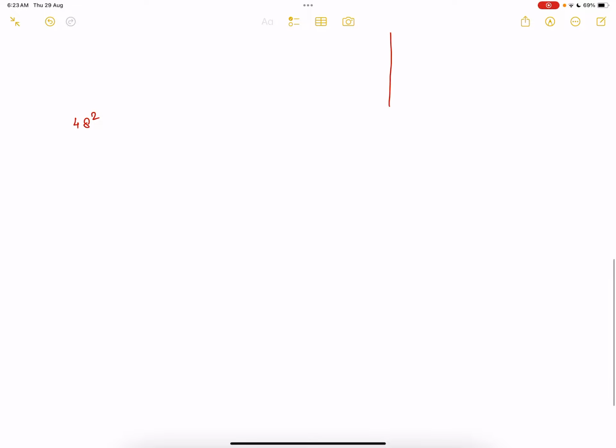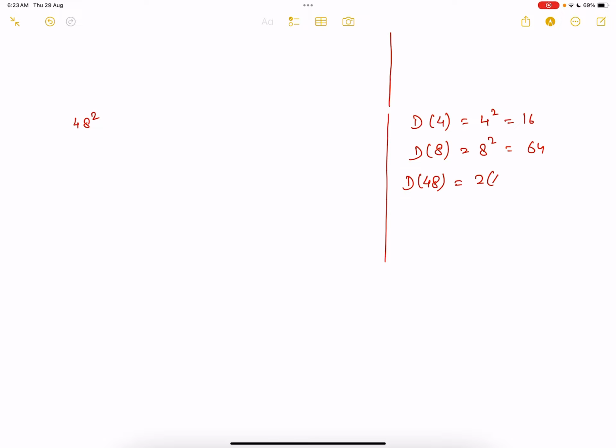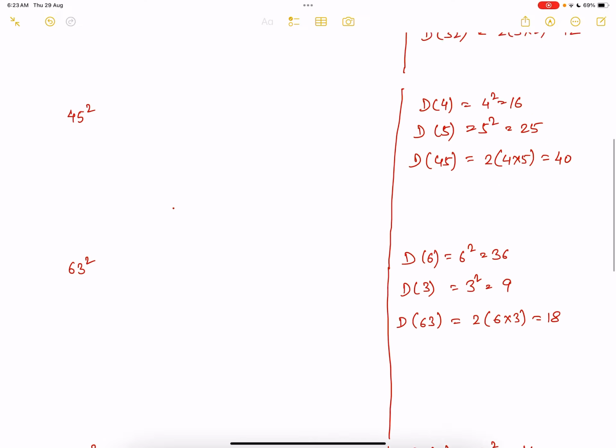And duplex of 4 is equal to 16. Duplex of 8 is equal to 64. Duplex of 48 is equal to 2 into 4 into 8, which is 64.